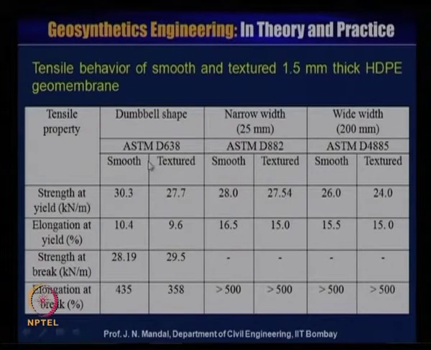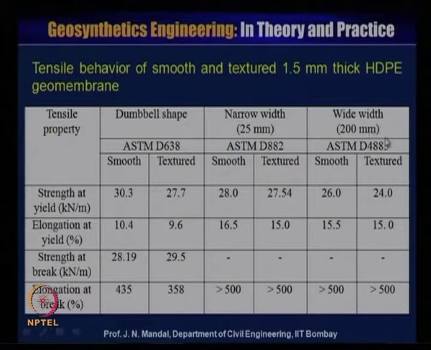This is the strength at yield, as per ASTM D638, and for the dumbbell shape you can see this is 30.3 kilonewton per meter, textured strength 27.7 kilonewton. If it is a narrow width of 25 millimeter, ASTM D882, then strength at yield is 28, and in the textured case 27.54.